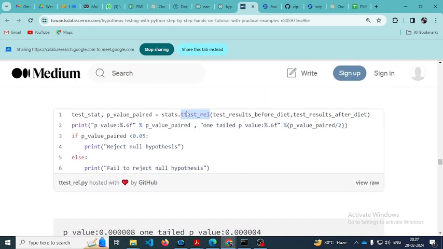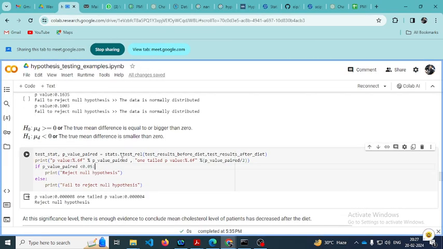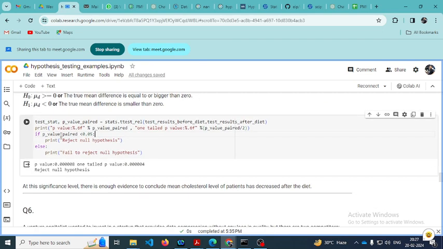For that you choose ttest_rel, and it will give the paired p-value, which should be less than the level of significance value. So you check what your p-value is. From this you are going to get a p-value of 0.08. If you are having paired data, you can apply the paired test.